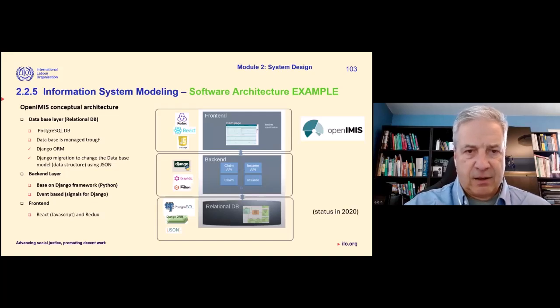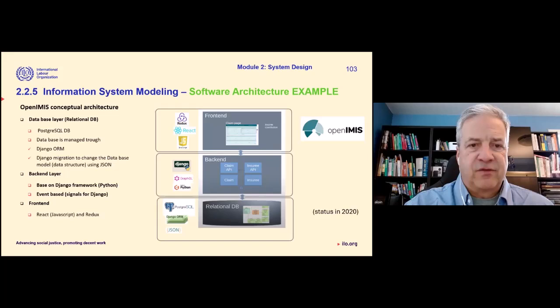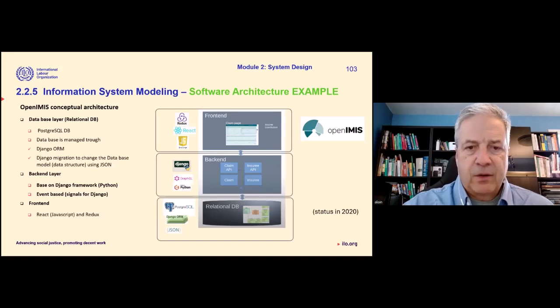The backend, again, you have a set of specific software. Here we see Django, GraphQL, Python. Python is a programming language. So they use those software to build what they call the backend. And then you have the relational database layer.